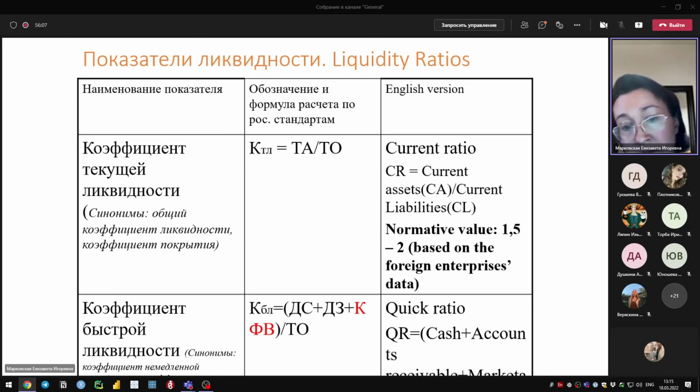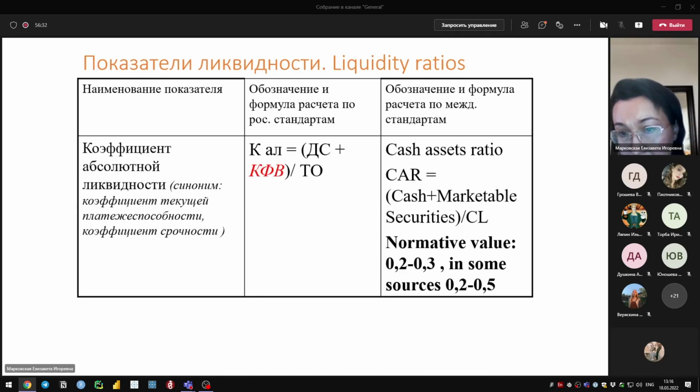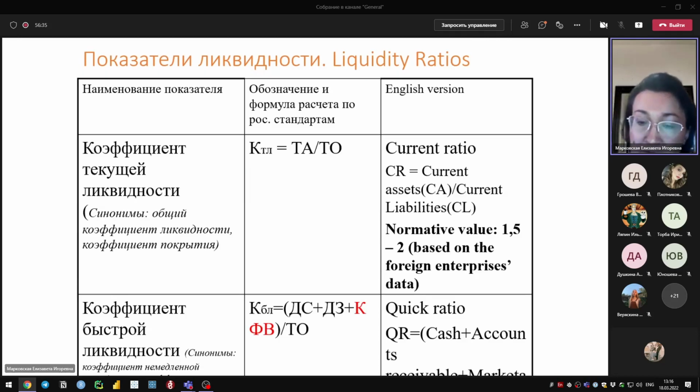And I'd like to explain why I've highlighted the third component of the quick ratio formula. In order to calculate the quick ratio, we have to use the most liquid assets: cash, accounts receivable, marketable securities. As for the marketable securities, it's important that in this case you use only the most liquid marketable securities.